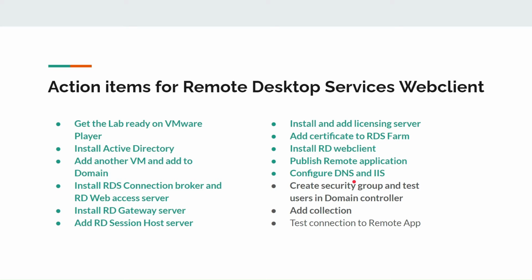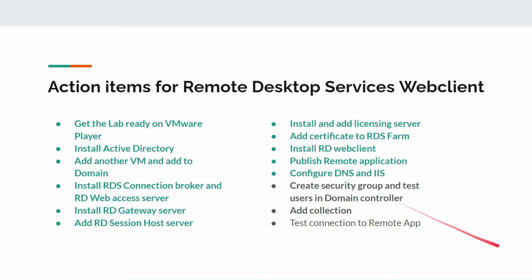In this video, I'm going to create security groups and a few users who will be members of those security groups. I'm creating these security groups because when I create a collection, I want certain security groups to access certain collections. And then we are going to test if connecting to those remote apps works fine.